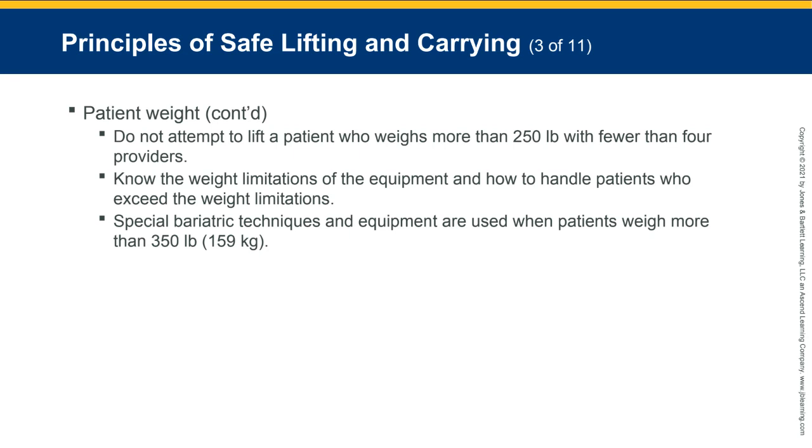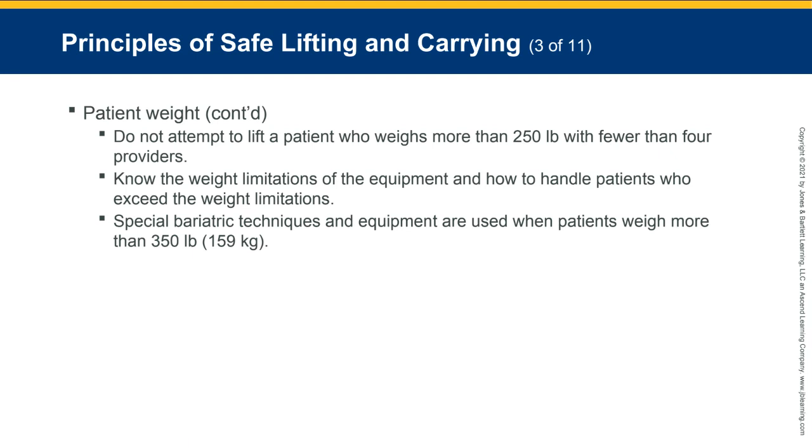Now, know the weight limitations of the equipment and how to handle patients who exceed the weight limitations. In up-to-date and good EMS systems, they have a bariatric stretcher and a bariatric unit.